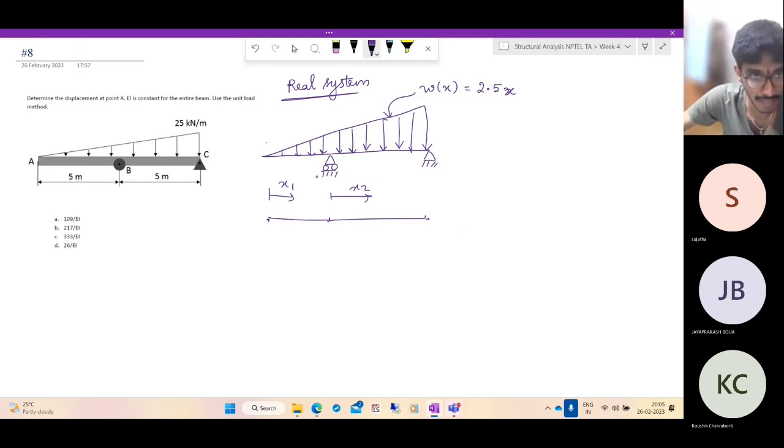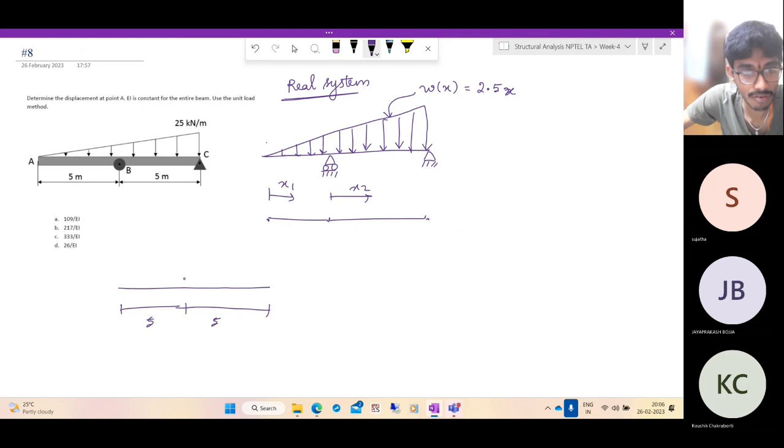To find out the reaction, we can replace this portion with the statically equivalent system. What is the statically equivalent system? This is 2L, and let us take it as 5.